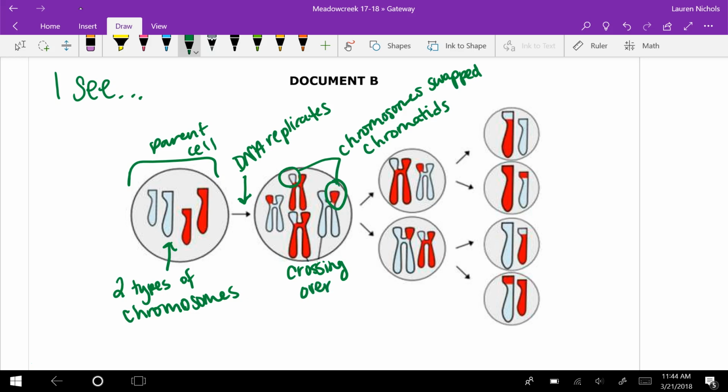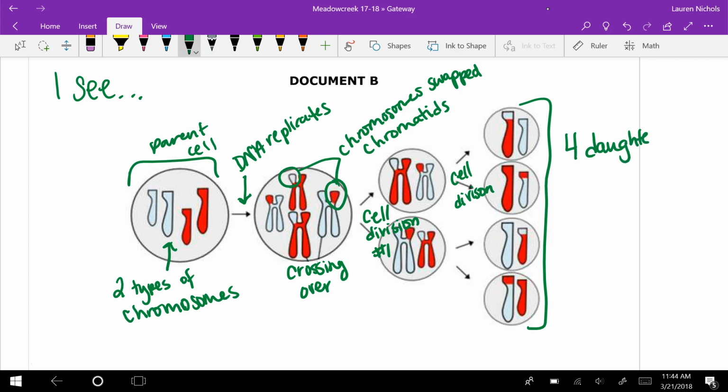Okay. We see cell division happen the first time, and then we see cell division happen again. I see that we end in 4 daughter cells, and they're all unique, and they don't match.